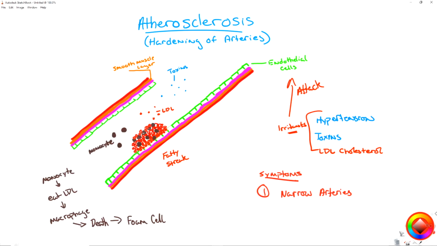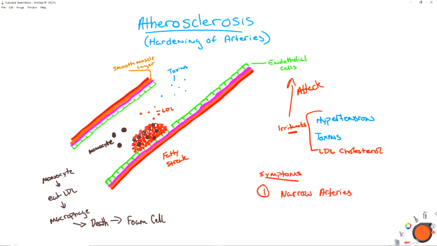Because this starts getting so big, these fatty streaks turn into plaque-like structures. And how they create plaque-like structures, and we're going to turn back into orange here, is the smooth muscle starts realizing that these macrophages are turning into foam cells.